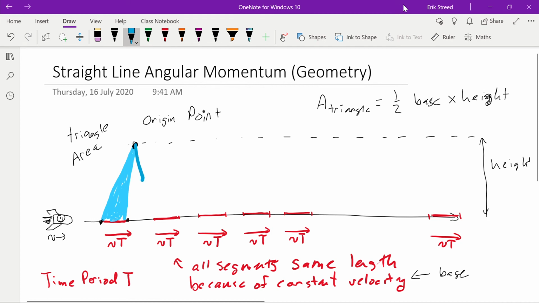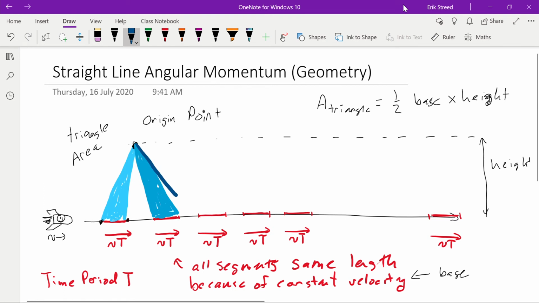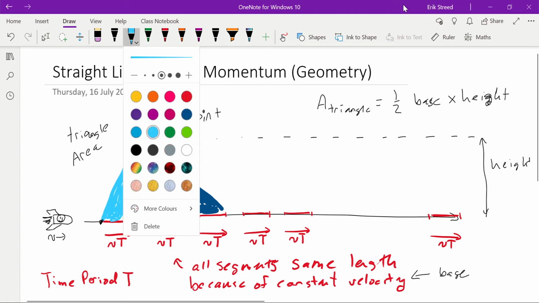For each of these triangles, even though they're shaped differently, they all have the same base, and they all have the same height. Let's try shading this up a little bit more. Even though they're different triangles, they've all got the same area.